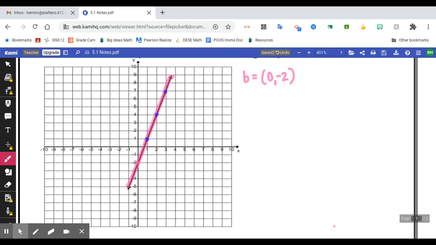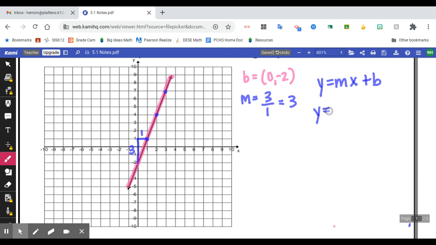So if I'm doing that, I have to count. I'm going to go up 1, 2, 3 over 1. My slope becomes 3 over 1, which equals 3. So here's my m, here's my b. I'm plugging into y equals mx plus b.